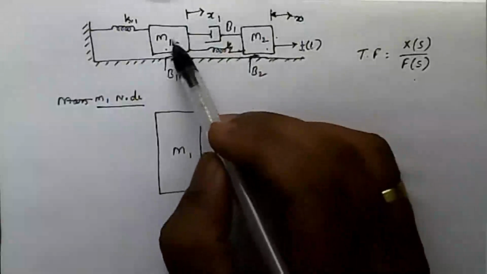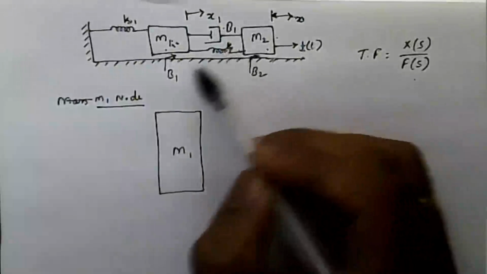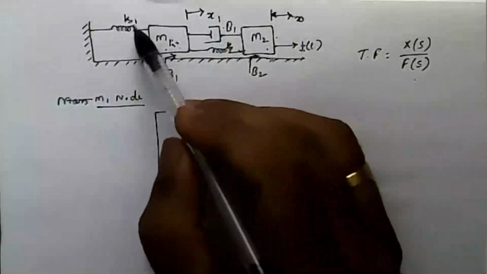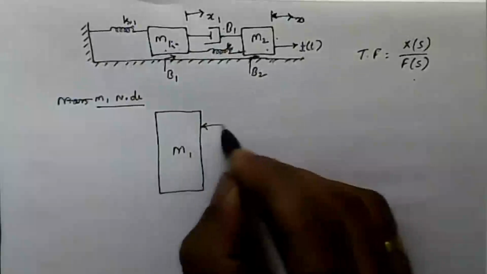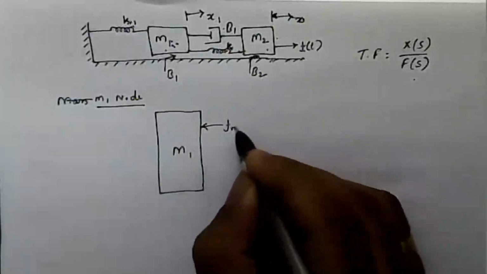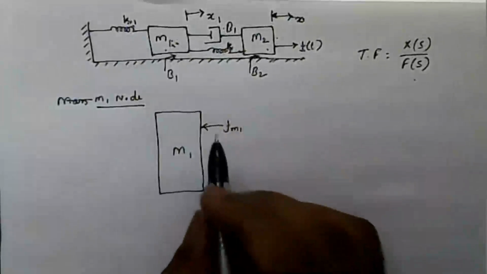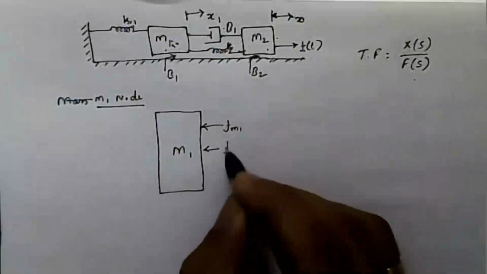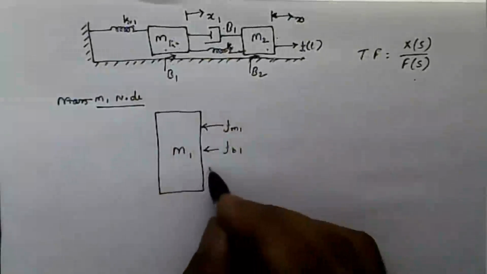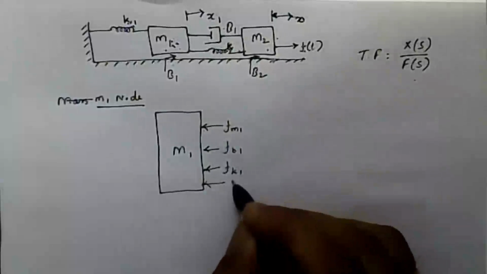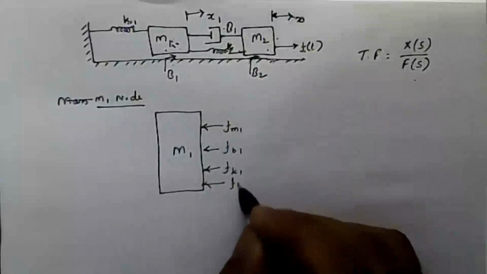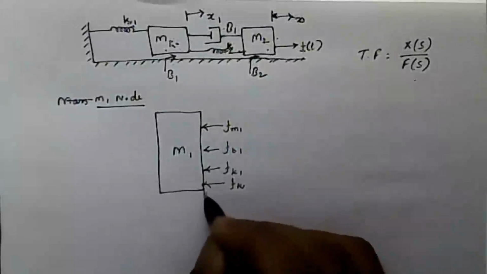These are the opposing forces: Fm1 due to M1, Fb1, Fk1, Fk and Fb.